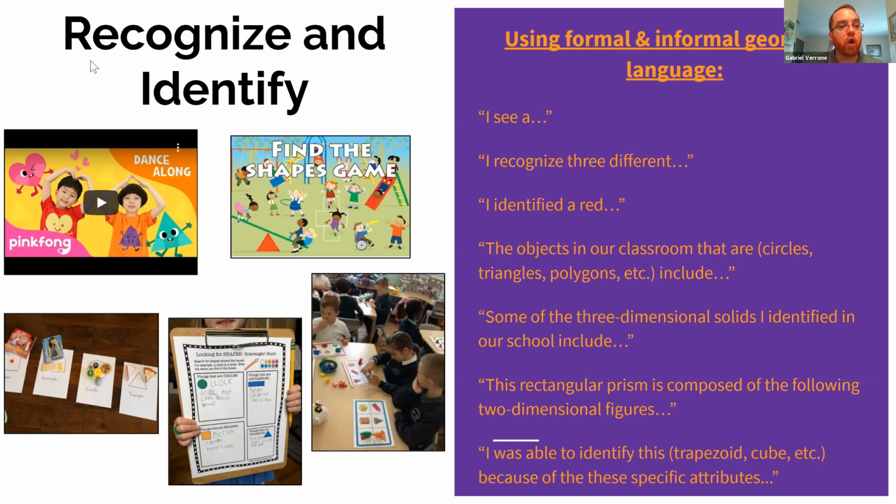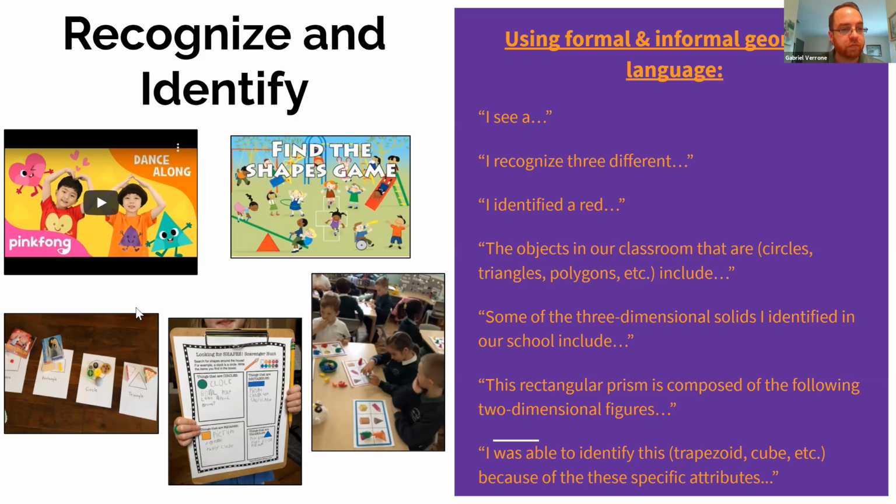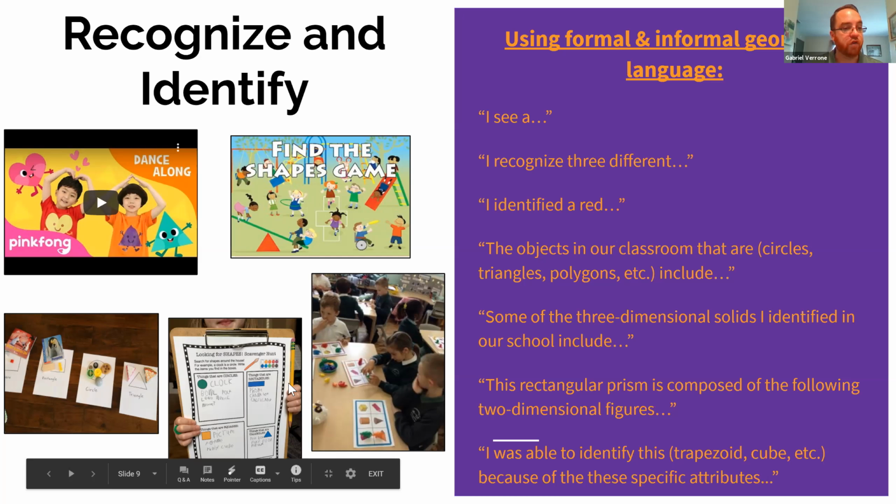So we also know doing specific read alouds that talk about shapes, right? Then there's having children identify real world objects in the classroom that are shapes as well, so that they're aware of their environment and that they're aware that the shapes and the figures that we're looking for are everywhere, right? We also can do that around the entire school.